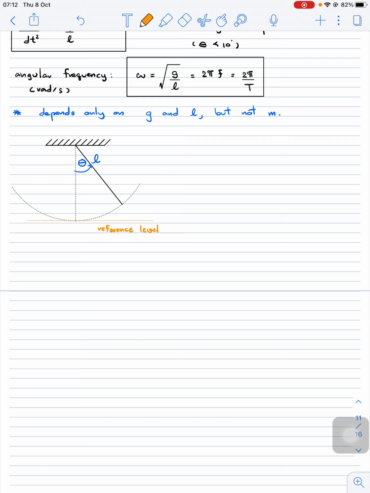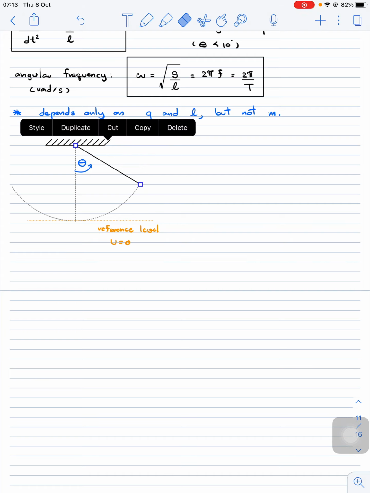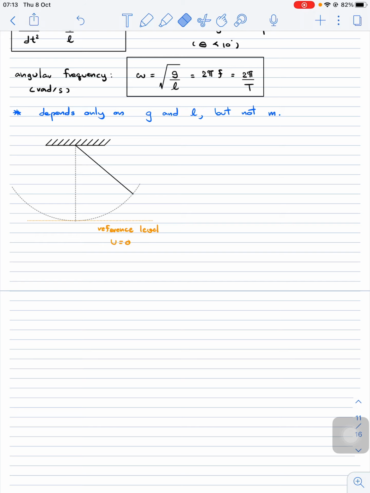I'm going to make the potential energy at this position equal to 0. At this position the potential energy must be equal to 0. Then I'm going to move this into this position to make it larger, so we can see it clearly. And the length here is equal to L.